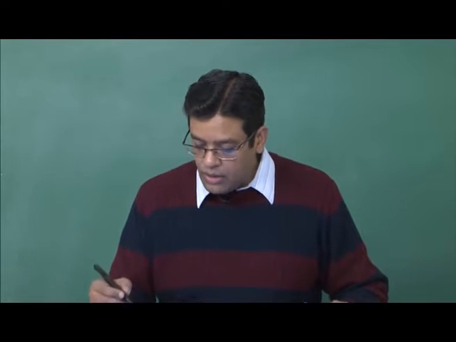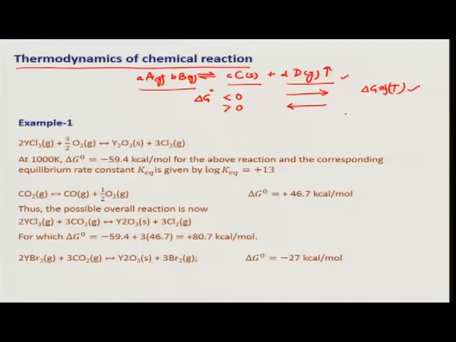Now, we also know that delta G is given as minus RT ln K. So, K is my reaction rate constant that we had encountered in the previous lecture when we were discussing reaction rate versus mass transport regime. So, this is my reaction rate constant and it depends on change in free energy.